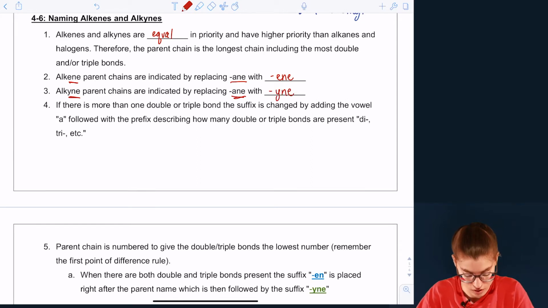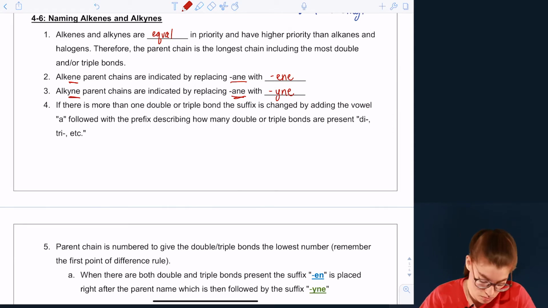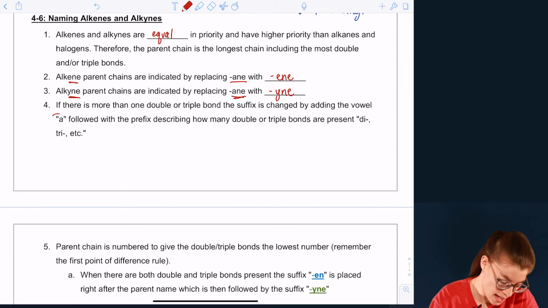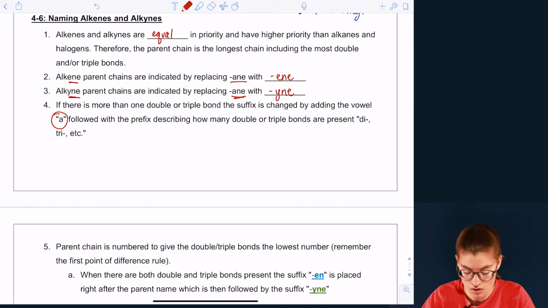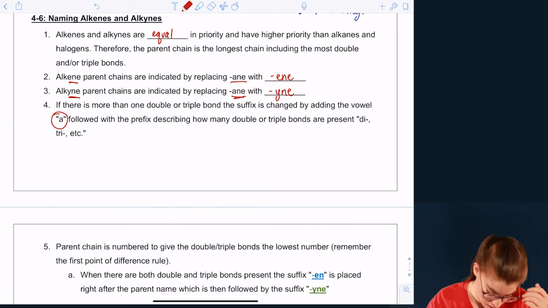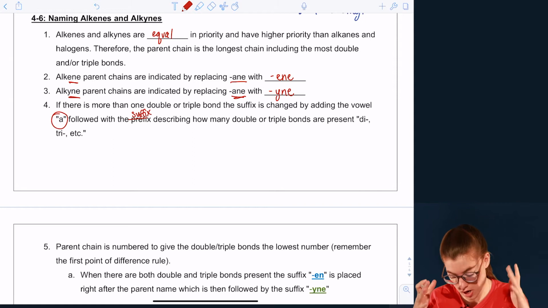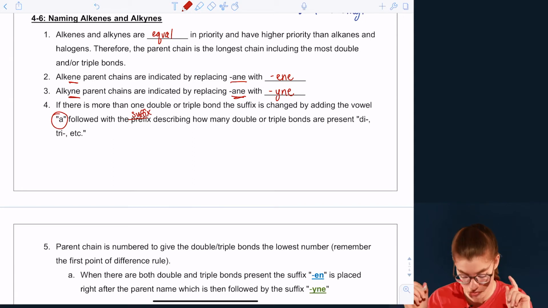YNE. Okay? If there is more than one double or triple bond, the suffix is changed by adding a vowel, the vowel A, followed by the suffix describing how many double or triple bonds are present.